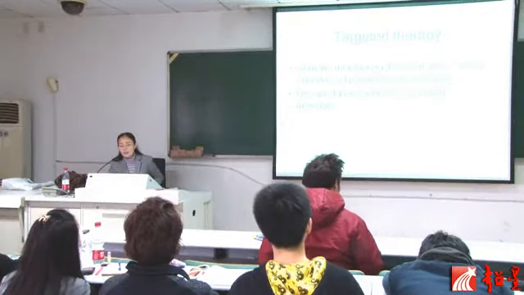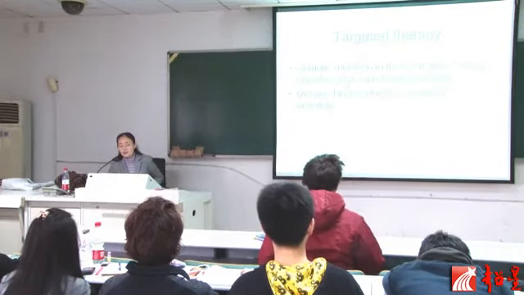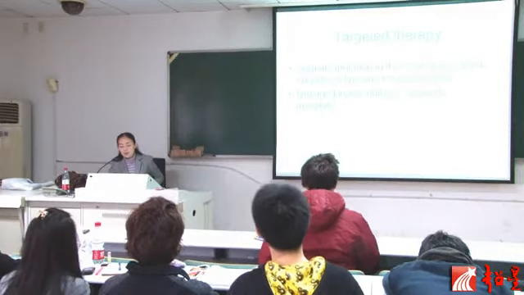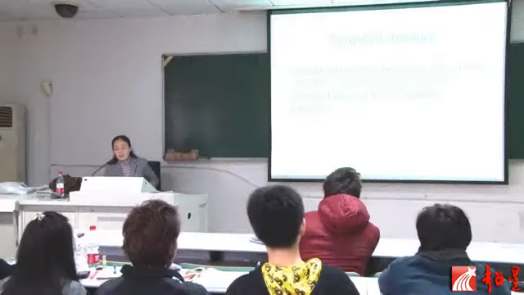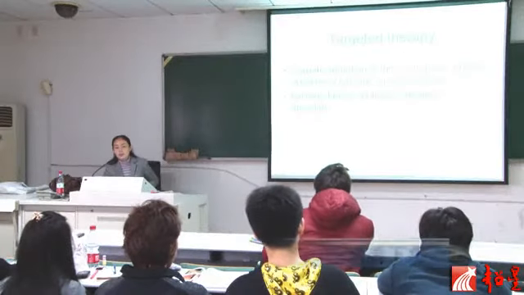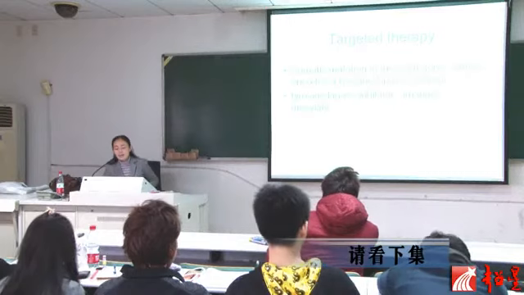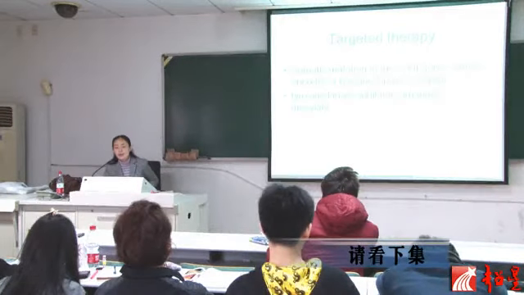This malignant tumor has this gene mutation, and we found a target drug, imatinib mesylate, which can inhibit this tyrosine kinase. So imatinib is effective for malignant GIST.